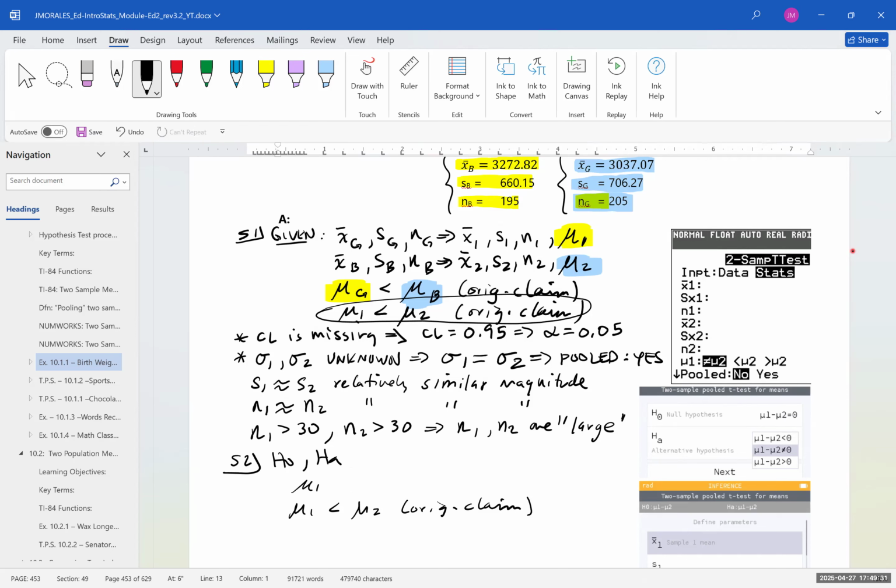And so the complement of that will be greater than or equal to, because it's equal to, that's our null, and that's our alternate. And because of this inequality being less than, it looks like an arrow going to the left. So this is going to be a left-tailed distribution.